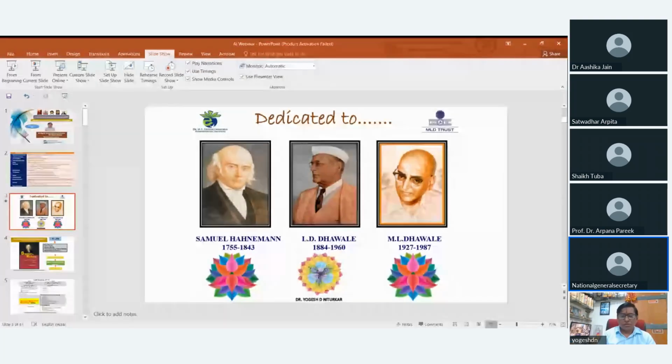Is it visible now? It is visible, sir. And in between, you can interrupt if the slides are not moving or not visible. I had tried to join with the other handset so that I can understand whether the things are moving. Just give me a few seconds so that I can join with other handset. Definitely, sir. Okay, sir.